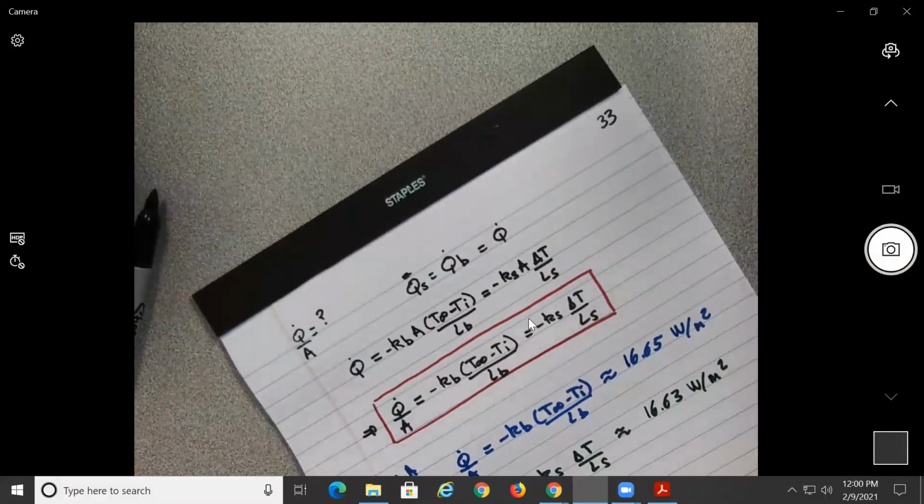So now let's move to the second case, which is convection.